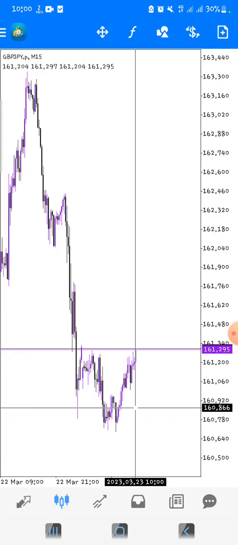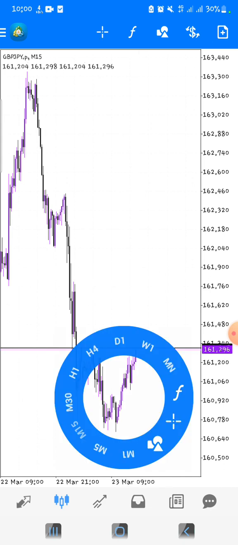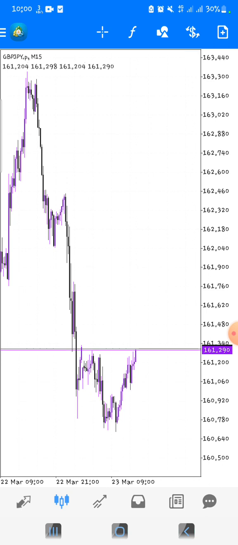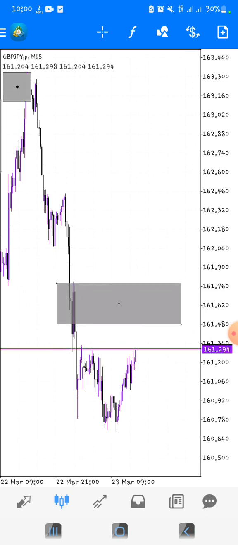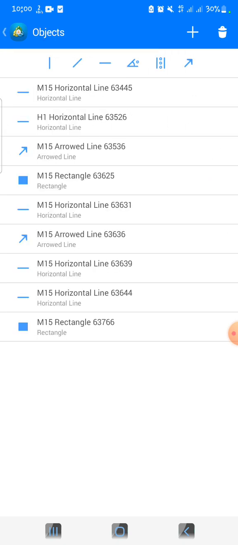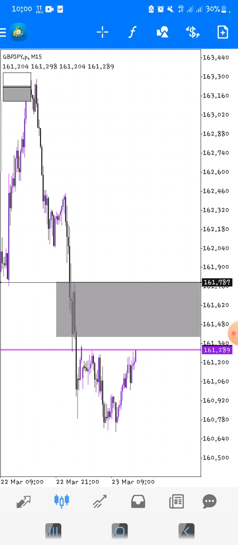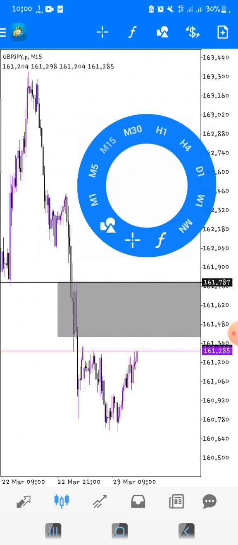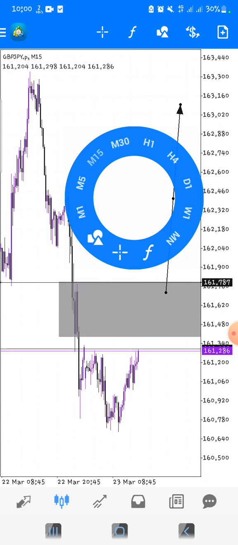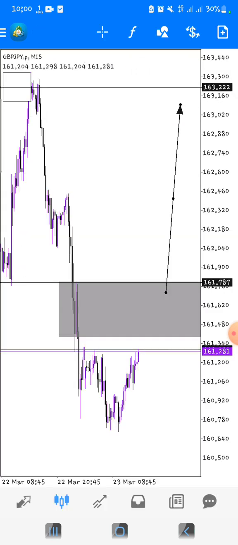So let's say I want to be buying if price now breaks this support zone or resistance zone over here. I want to be trading if price breaks above this point. So if it breaks that point, I want to continue even higher and hit even higher levels like that.